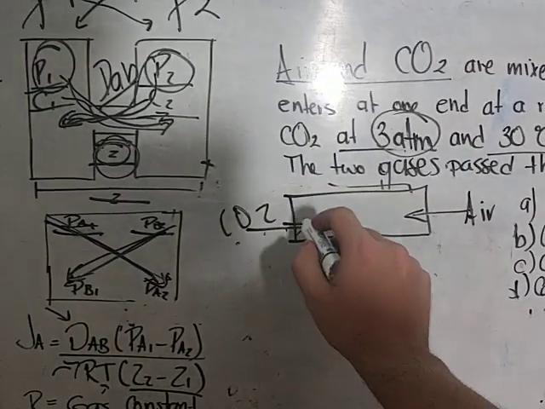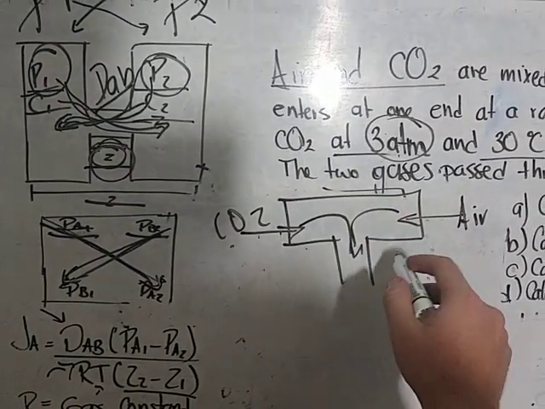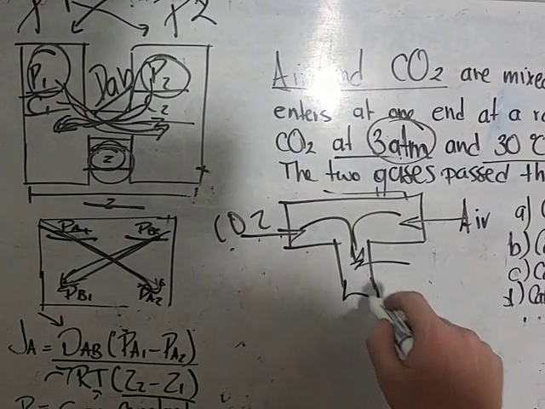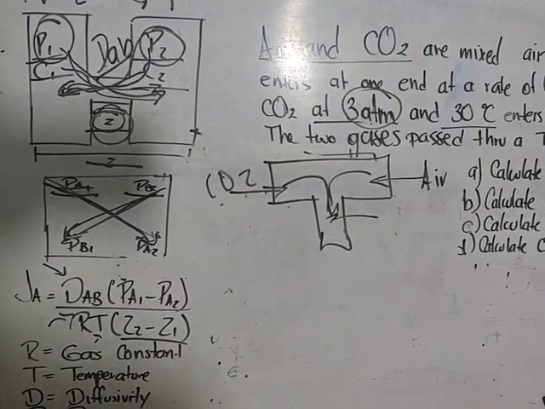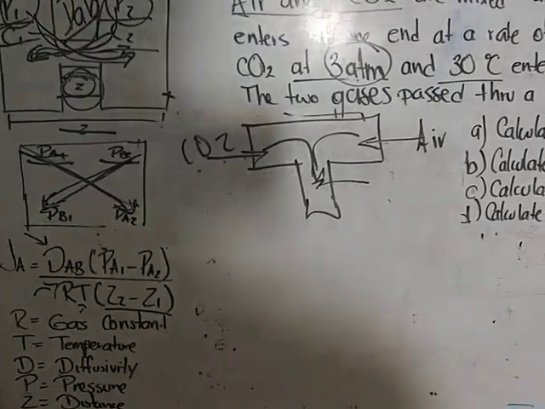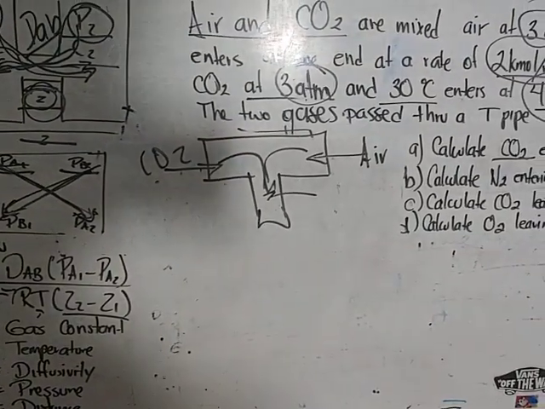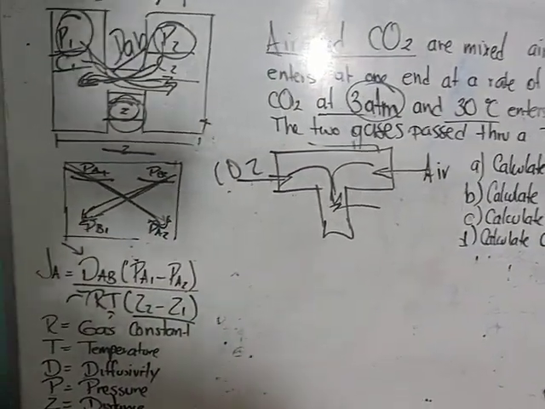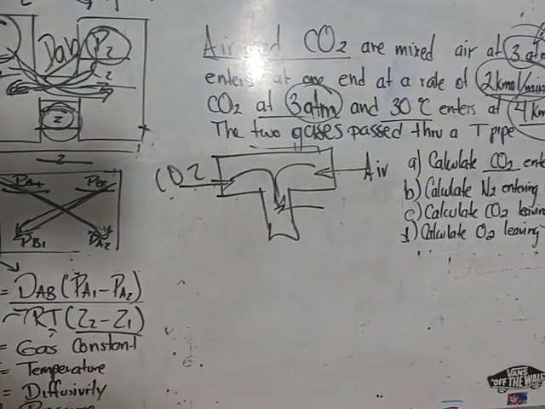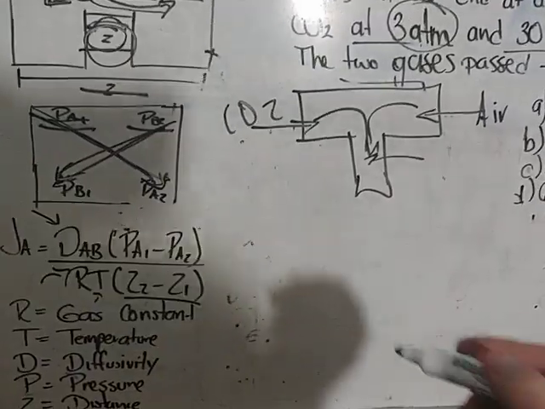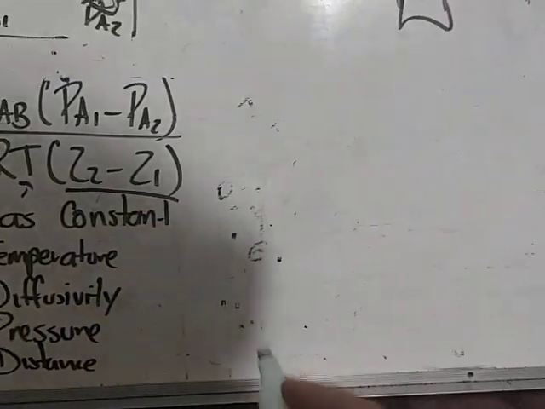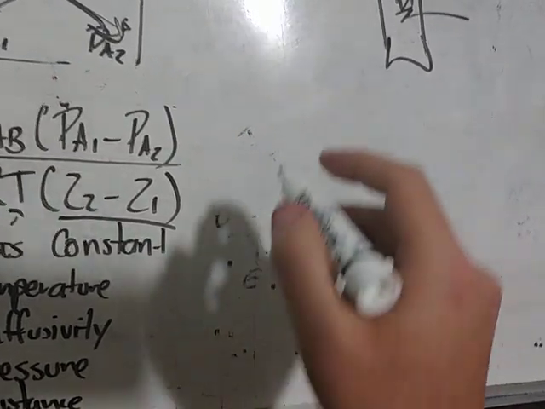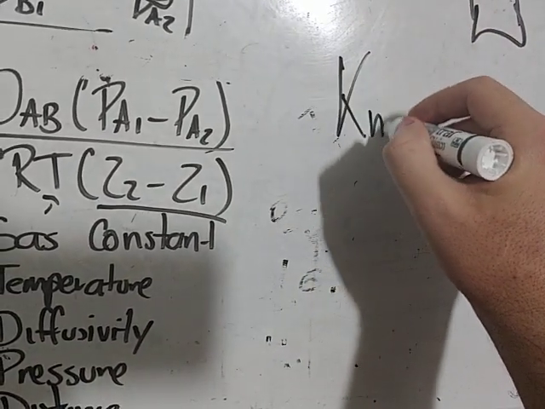When they mix, the flux that is entering is going to be different. We're not going to consider it separately. We're going to consider it as a mix. So, according to a mix, we have to mix it. We're going to consider the first part, that is the dioxide.